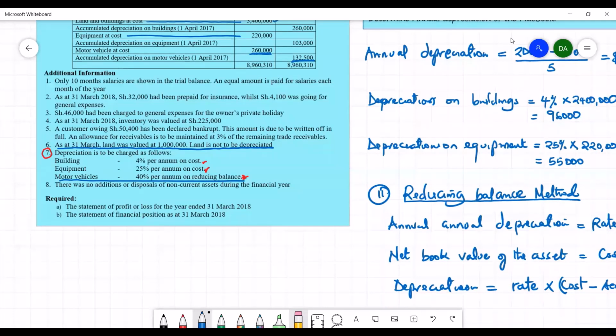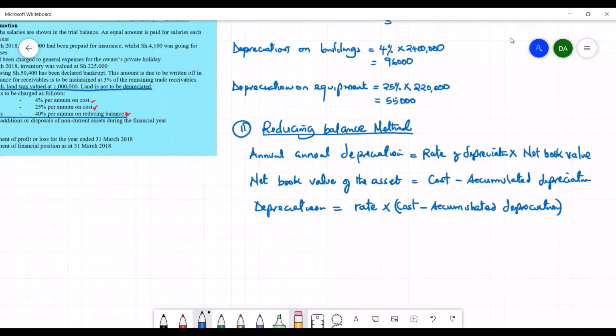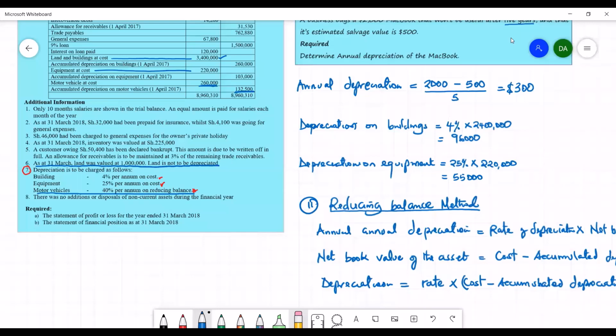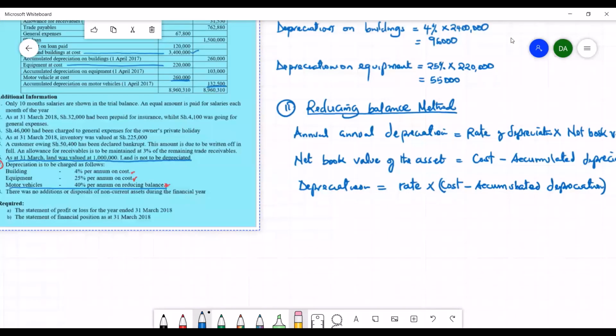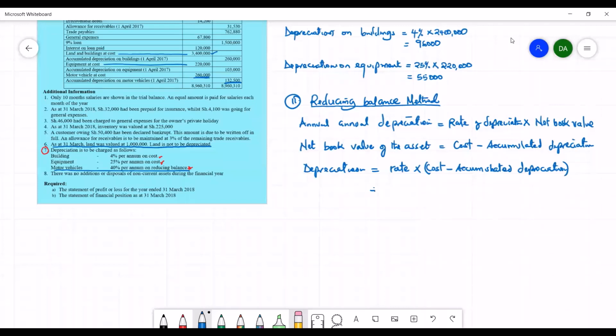We start with the cost of the motor vehicle, which is 260,000, and accumulated depreciation of the motor vehicle at the beginning of the year is 132,500. We can therefore determine depreciation for that motor vehicle by saying that depreciation for the year is equal to the rate of depreciation, 40%, times the cost of the asset, 260,000, minus accumulated depreciation, 132,500.